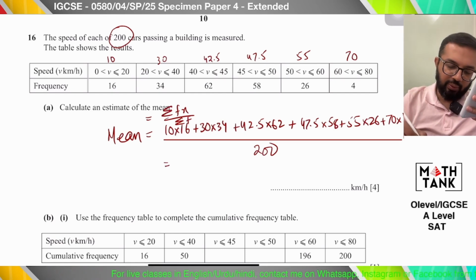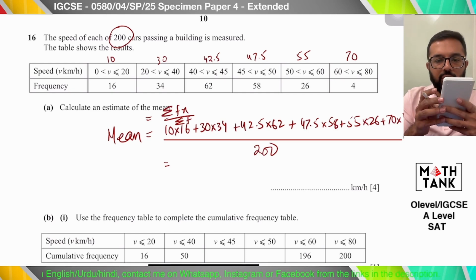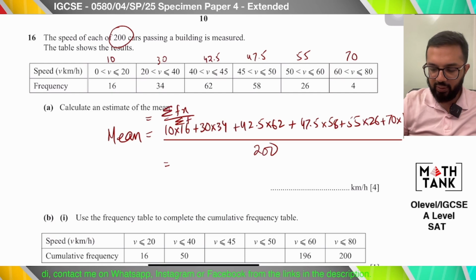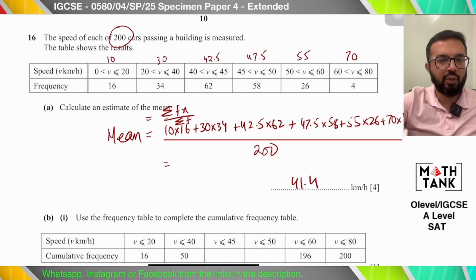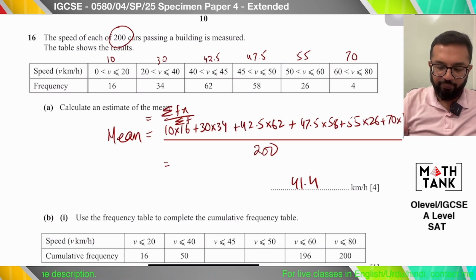Okay, so that's 8280 divided by 200. I think I should have the correct answer. It says 41.4. I want to check if that is the correct answer. 41.4. Yeah, that is indeed the correct answer.